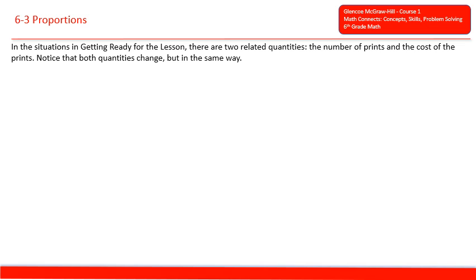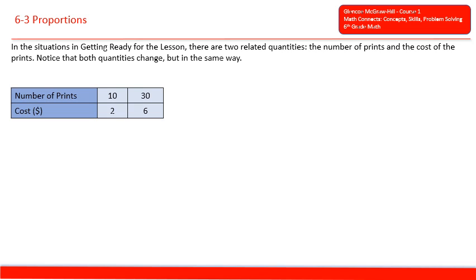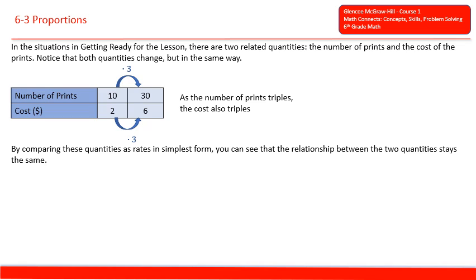In the situation in getting ready for the lesson, there are 2 related quantities, the number of prints and the cost of the prints. Notice that both quantities change, but in the same way. As the number of prints triples, the cost also triples.